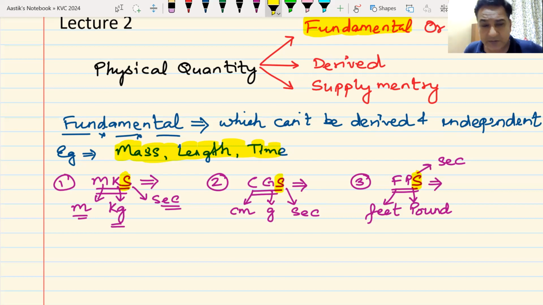As the world expanded and more countries started to collaborate with each other, there was a problem. If I am talking in the MKS system and the gentleman from another country cannot understand it, he understands FPS, or he understands length in miles and speeds in miles per hour.